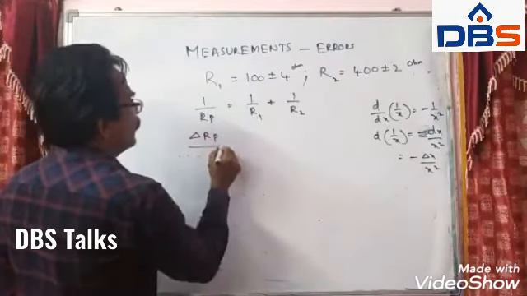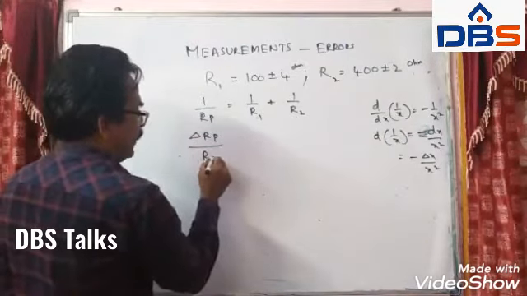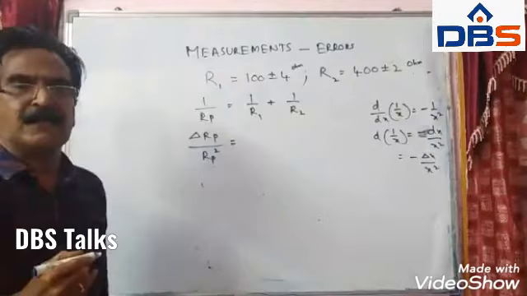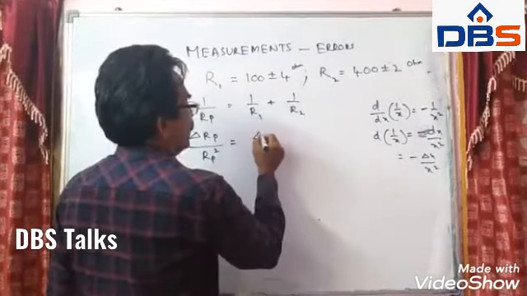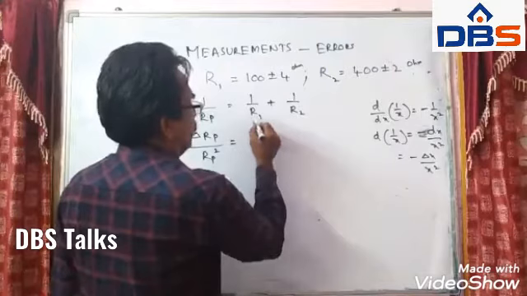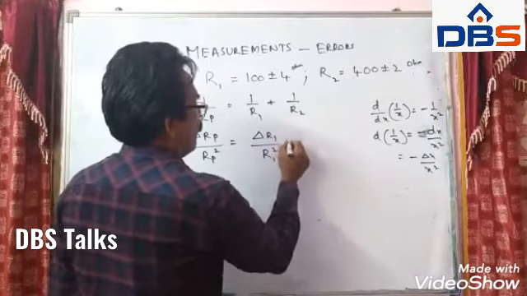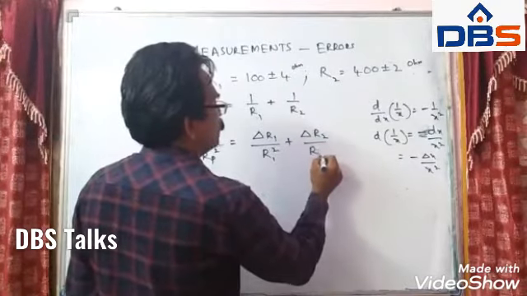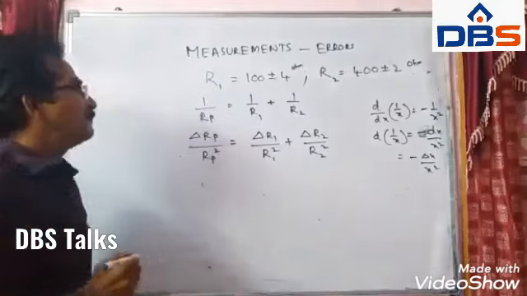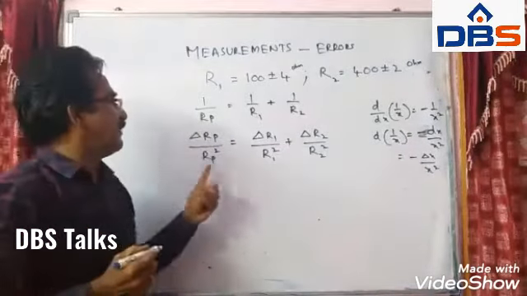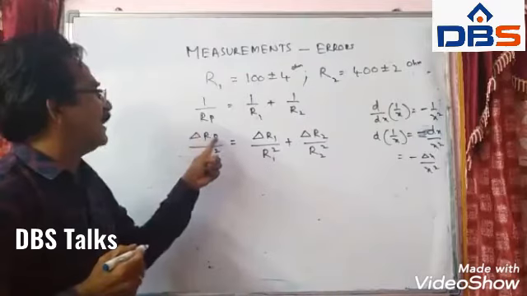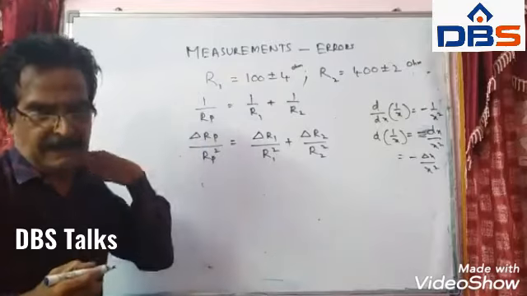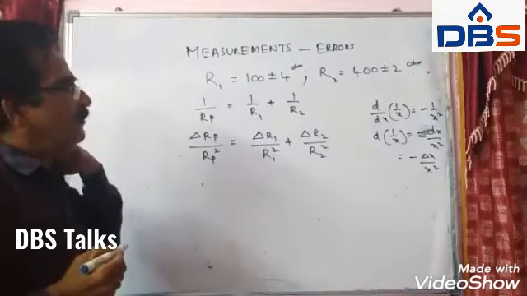Delta Rp by Rp square is equal to delta R1 by R1 square plus delta R2 by R2 square. From this equation we can find delta Rp. Okay friends.